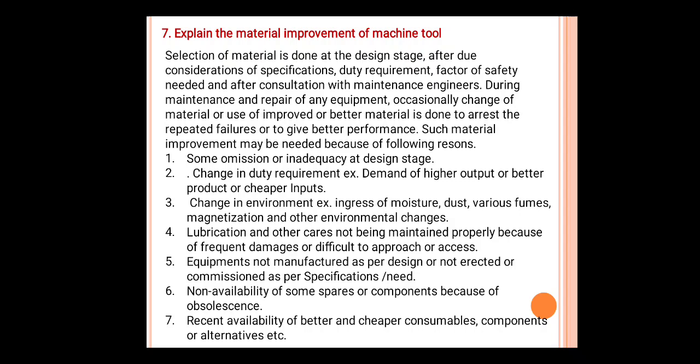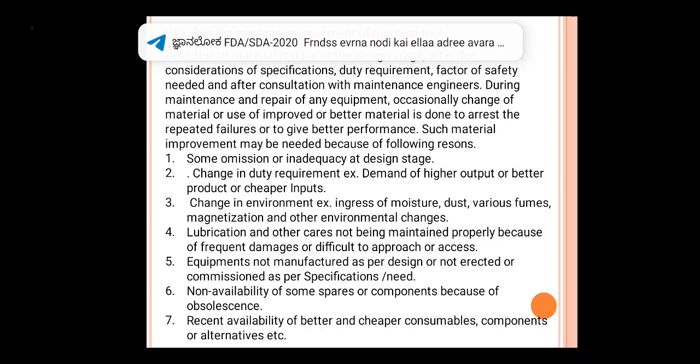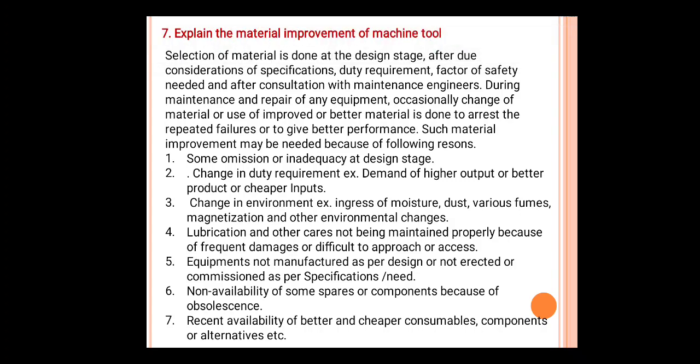Which are those reasons? Some omissions or inadequacy at the design stage, change in duty requirements, demand of higher output or better product, cheaper inputs. These are all aspects to be considered.